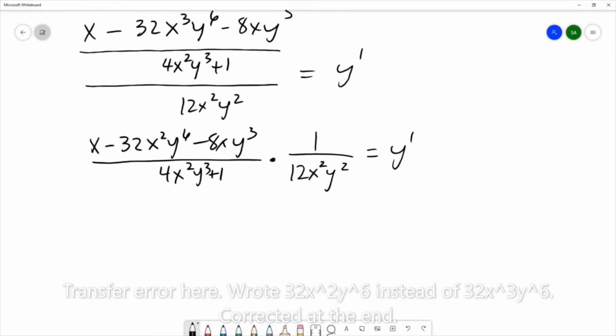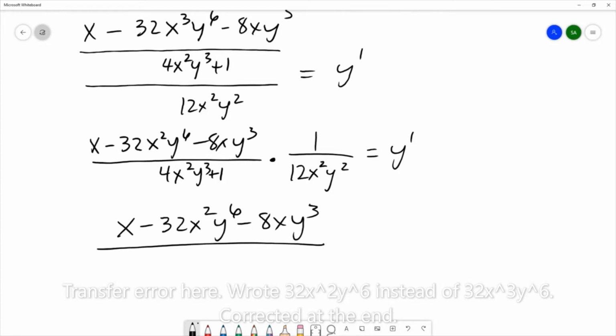So that gives me x minus 32x squared y to the 6 minus 8xy cubed. By the way, you don't have to do all this for me. I'm fine with the complex fraction. I just wanted to show you how to get rid of it.